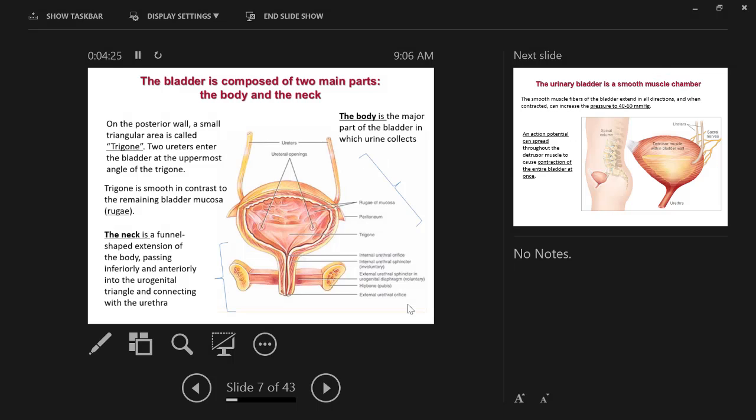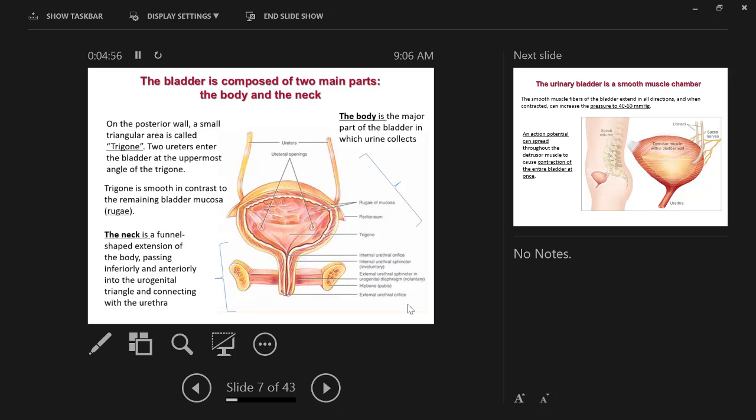A quick review of the anatomy of the bladder. There are 2 different parts. The first one is the body, and the second part is the neck. The neck is like a funnel-shaped extension like this. Inside the bladder, you can see a triangle shape. That is called the trigone.